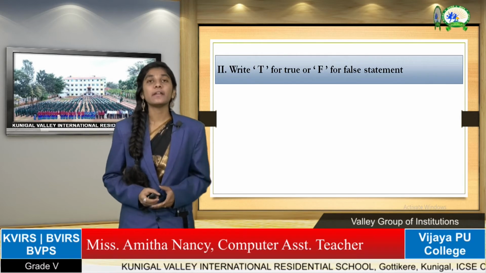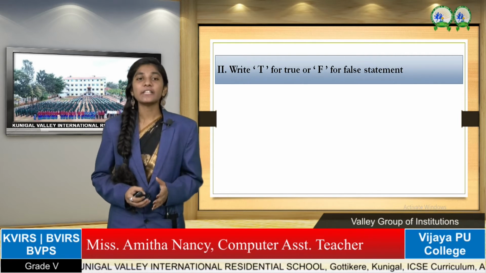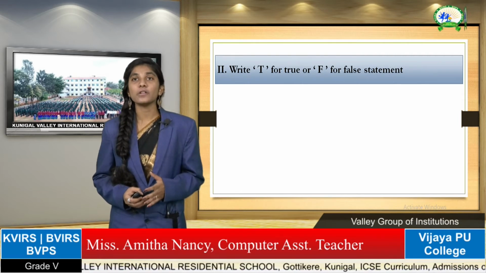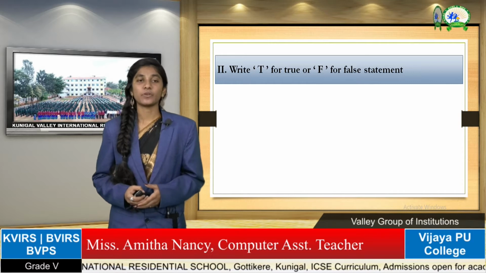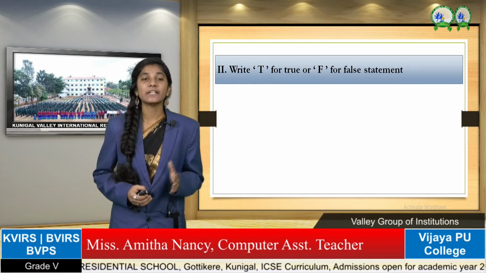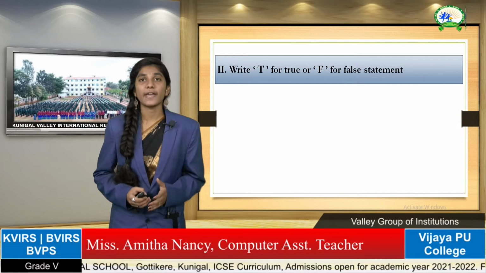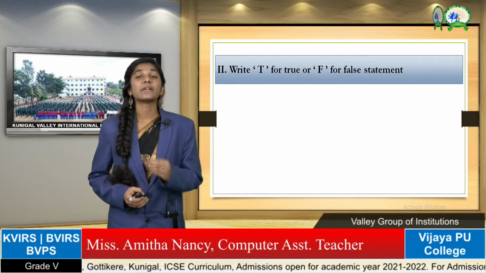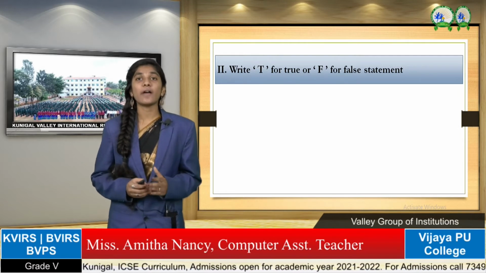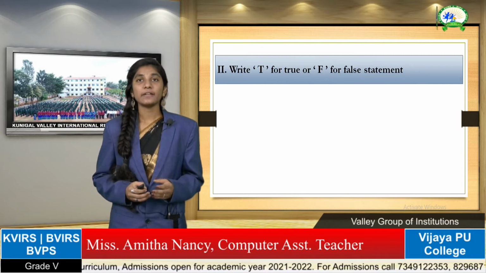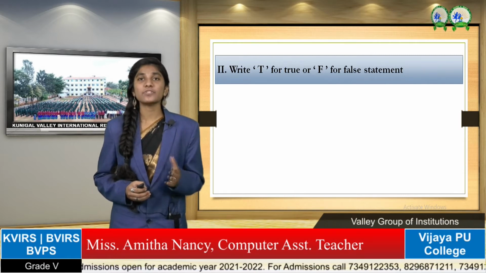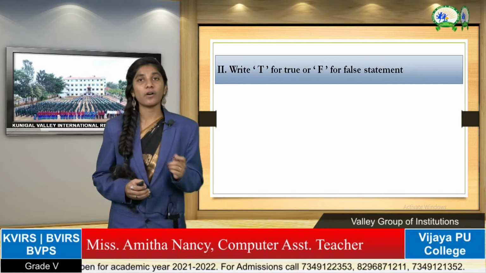In the second main question you will have to write T for true or F for false. The sentence will be given. You have to read and understand the sentence and justify whether it is wrong or right.